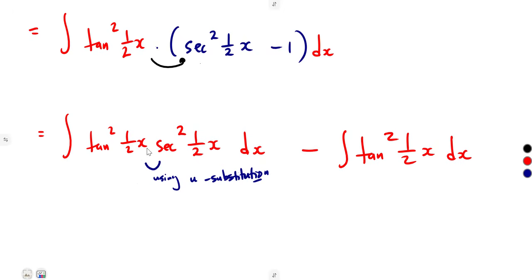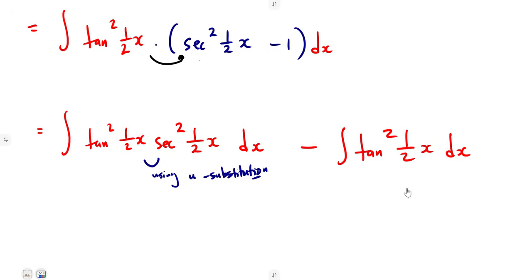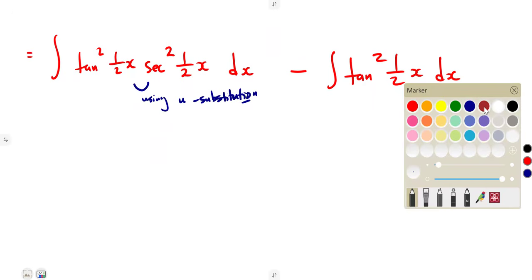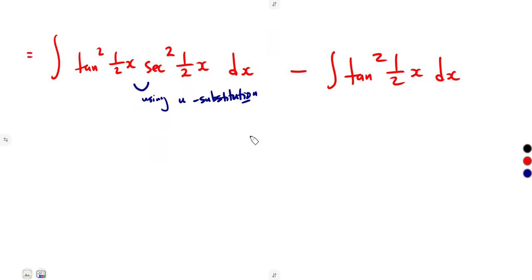So which one are we going to choose to represent the u so that we can differentiate that part of u? Which one is easier to differentiate? Is it tan or is it sec?